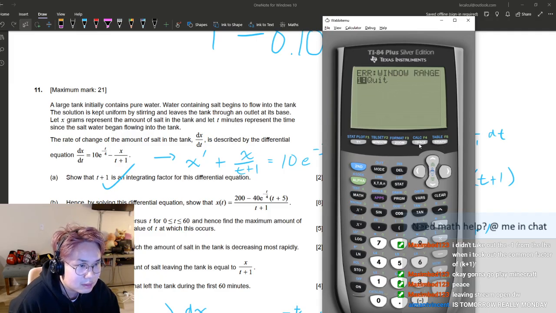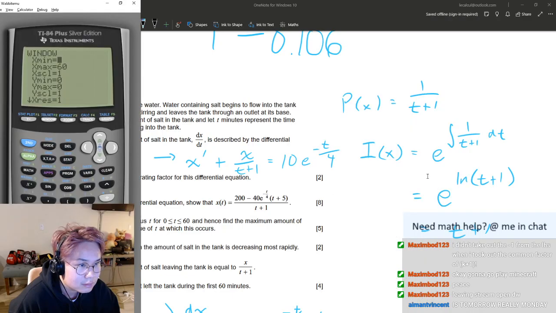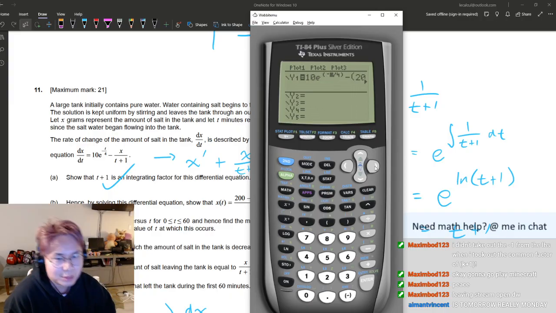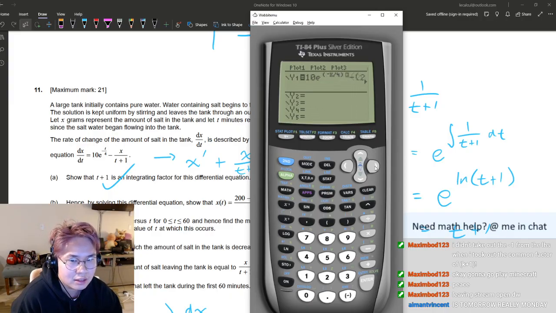Window range. Where's my graph? Did I not put it in right?